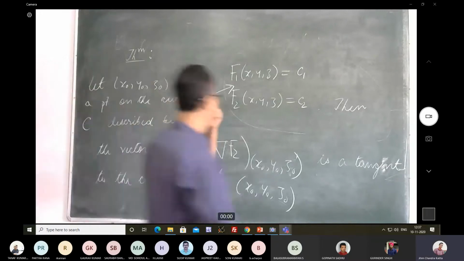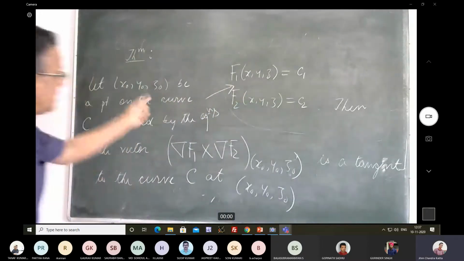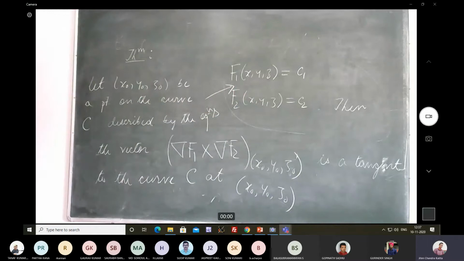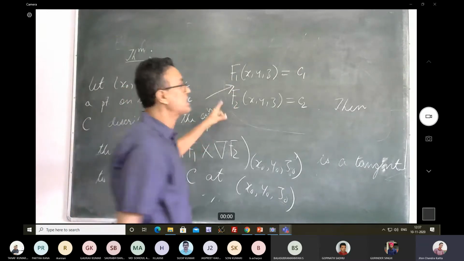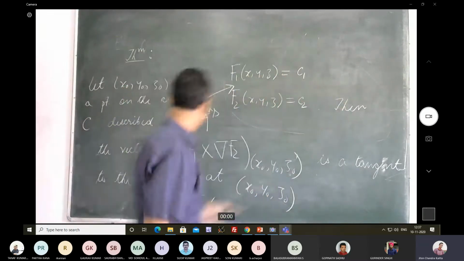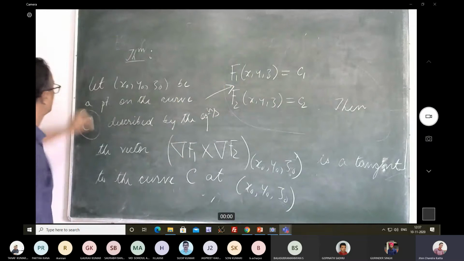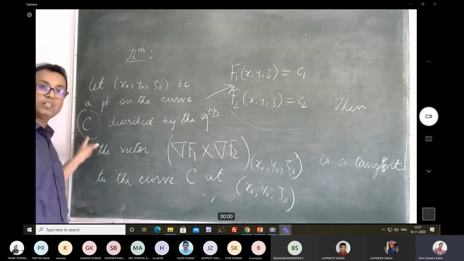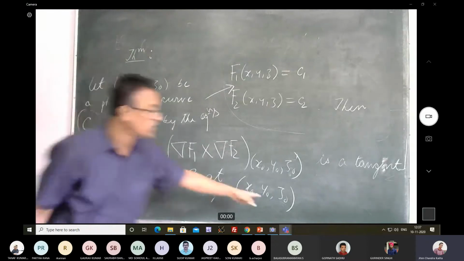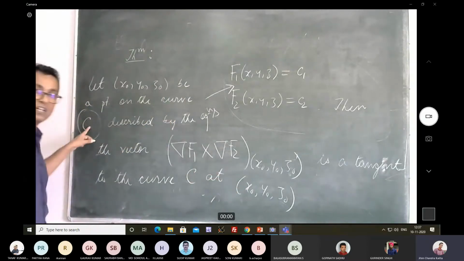I think no. Okay, so let us have a look back at this statement. Firstly, we are talking about two level surfaces given by these two equations. Then we are talking about their intersection, which is nothing but a curve C. Then we have simply taken a point (x0, y0, z0) on that curve.